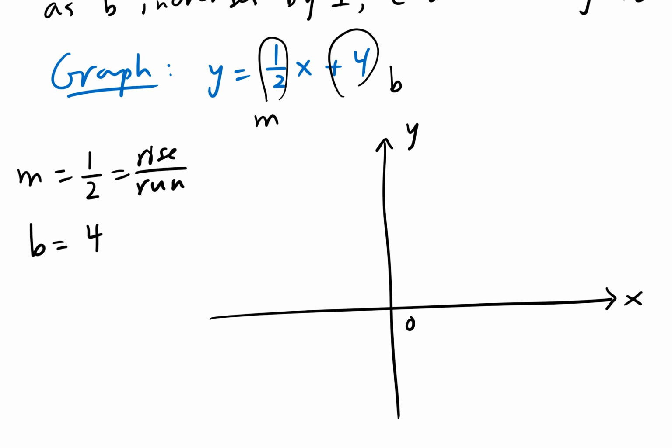So you start at 4, 1, 2, 3, 4, there. Rise 1, so you go up 1, and run 2, 1, 2, to the right. If it was negative 2, you go to the left. That's the run, either to the right or to the left. After you get these 2 points, you connect them, extend it, use the arrows on both ends. Always put an arrow on the x-axis, arrow on the y-axis, and label the origin.